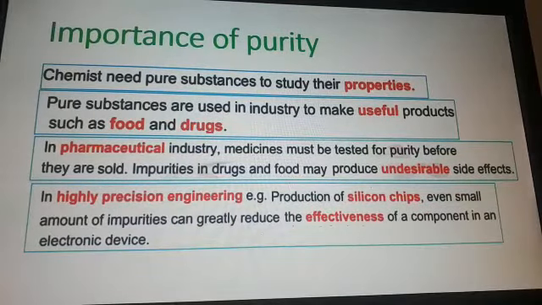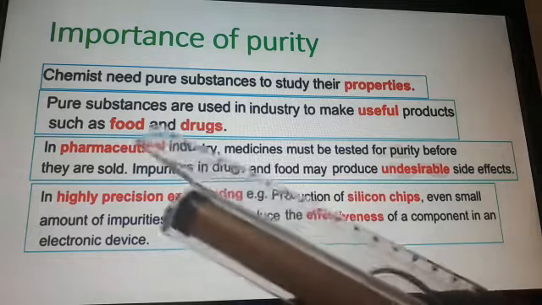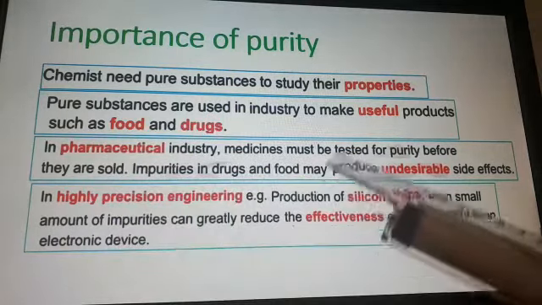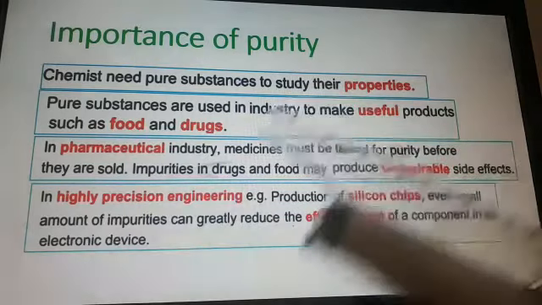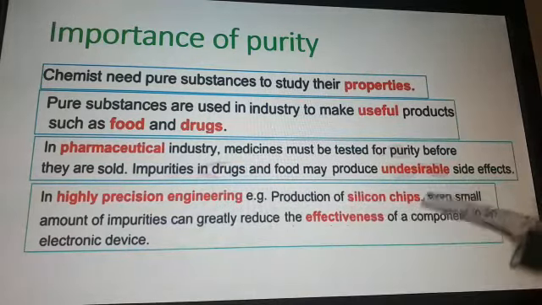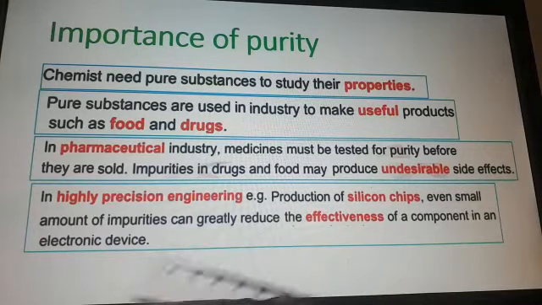You know that if food is not pure, it causes sickness. So we need pure substances. In the pharmaceutical industry, medicines must be tested for purity before they are sold. Impurities in drugs and food may produce undesirable side effects.